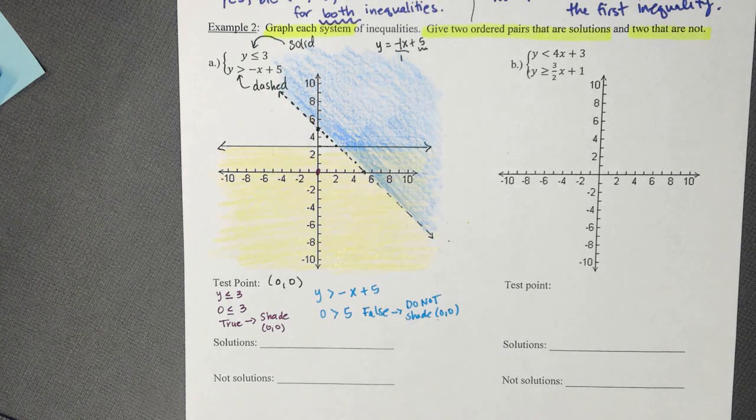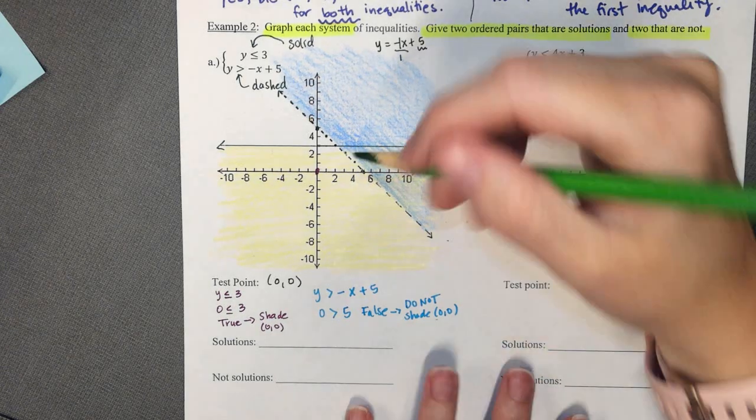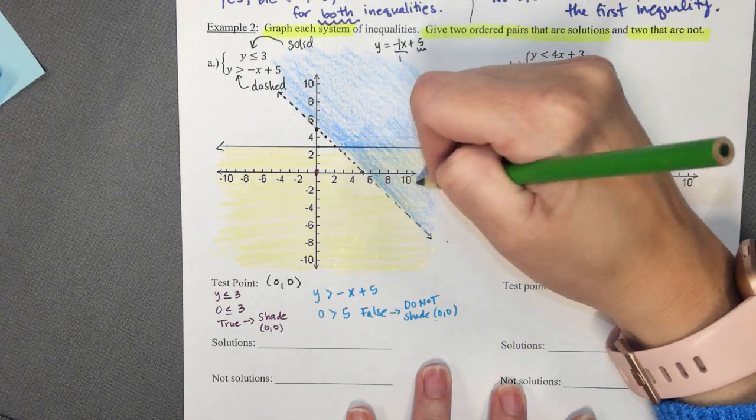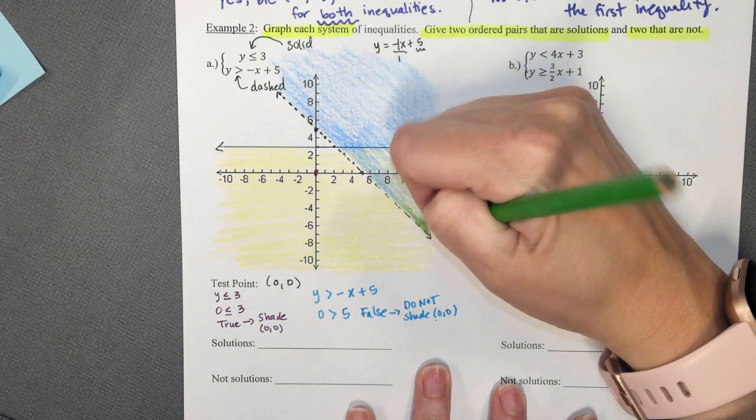Okay, and then your final step is to take that, now you're going to take your third color. So if you have blue and red, your third color is purple. If you have blue and yellow, your third color is green. If you have red and yellow, your third color is orange. Okay, and what we're going to do is we are going to shade in the overlap with that color.